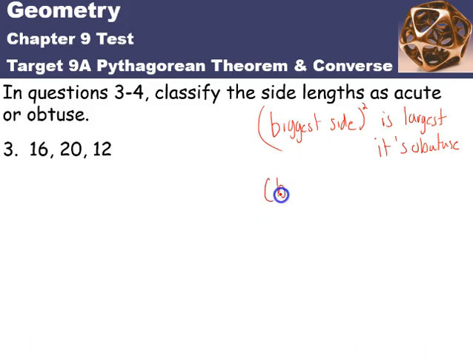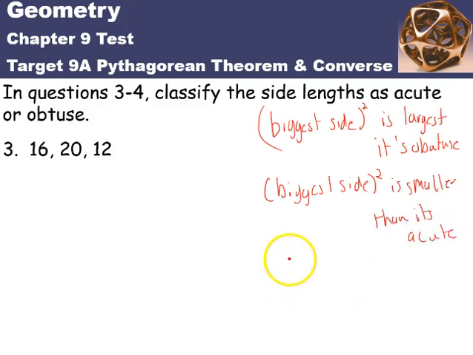If the biggest side squared is smaller, then it's acute. And if the two sides are equal, then it's right.